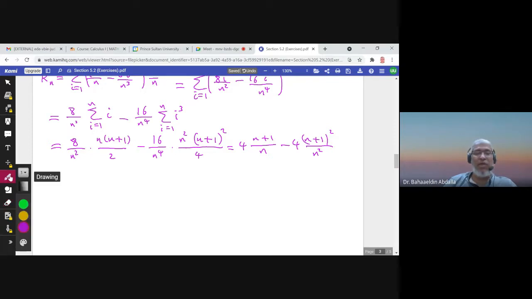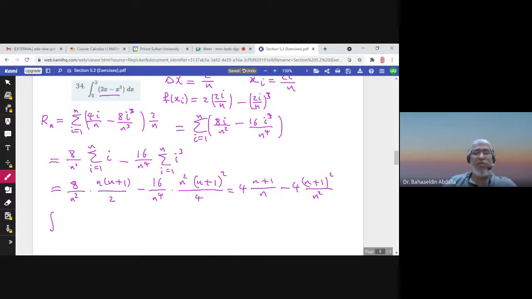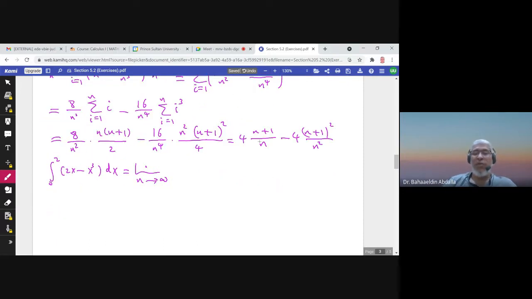Now the integral would be the limit. So this integral from 0 to 2 of 2x minus x cubed dx would be the limit when n goes to infinity of the Riemann sum, which is 4 times n plus 1 over n minus 4 times n plus 1 squared over n squared. Now the limit of this is 1 because the highest power is n over n, so it's 1.